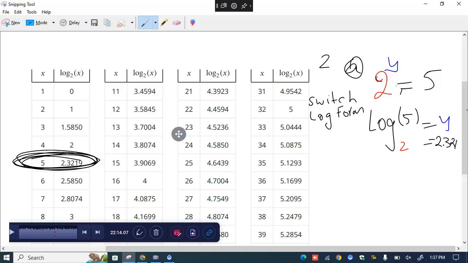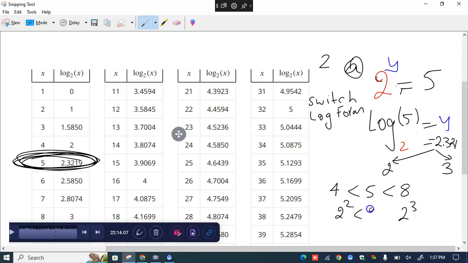Another way is to notice that log base 2 of 5 is a number between two whole numbers, 2 and 3. Because 5 is between 4 and 8, and 4 is 2 raised to 2, 8 is 2 raised to 3.